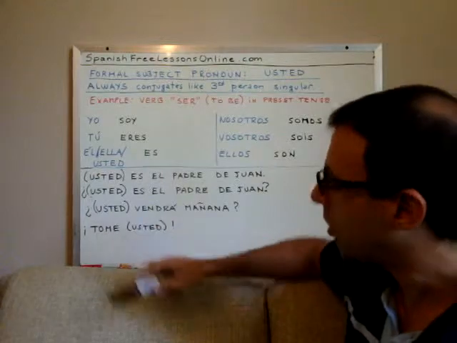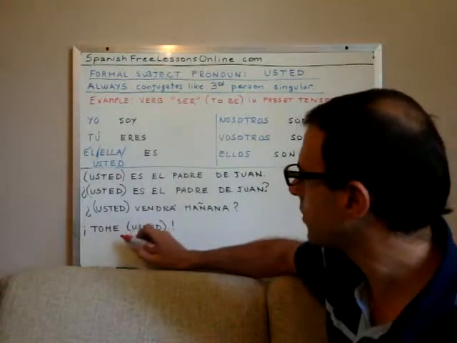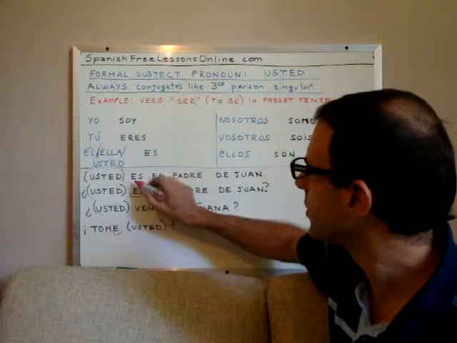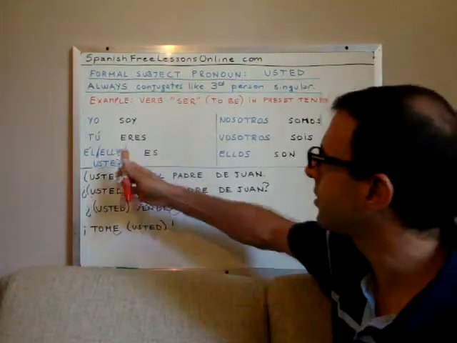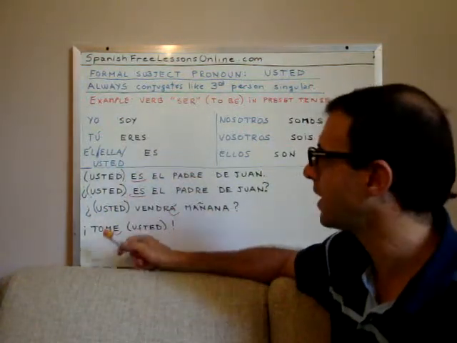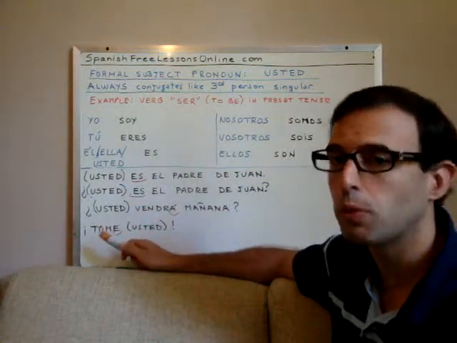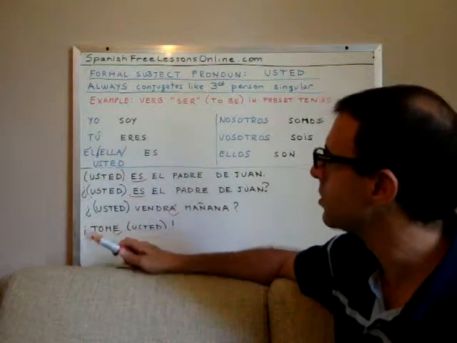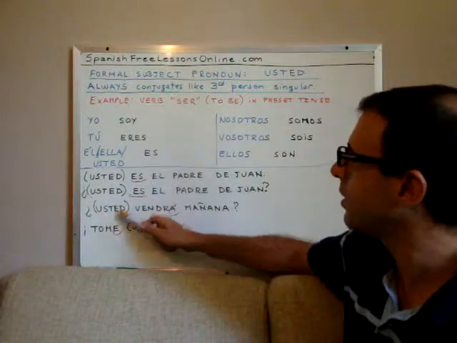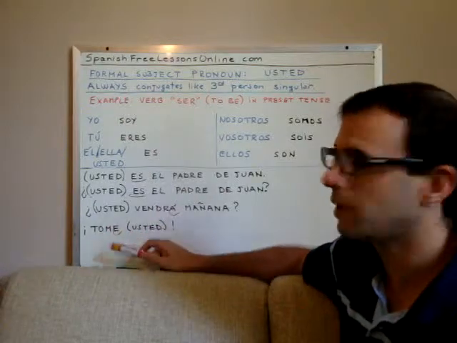Now look how all these sentences have the verb conjugated like the third person of singular, right? Like he, or like she, or like it, right? This means that usted, the formal way of you in Spanish, conjugates like the third person. So vendrá, usted is also vendrá for él or ella. Tome, same example, okay?